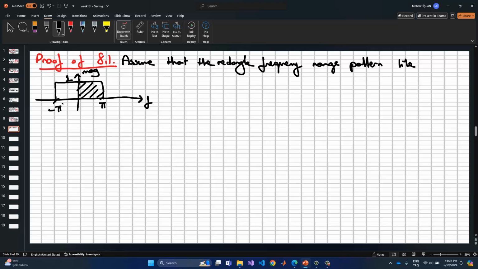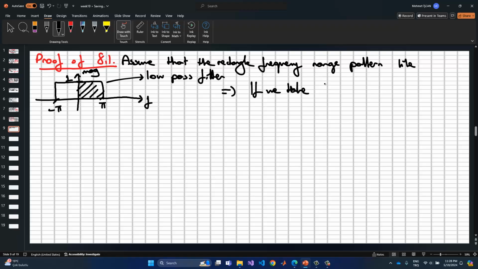This is the symmetry of this algorithm, and so we always need to use this pattern. This is the representation of the ideal low pass filter, right? Just remember that before pi we have the magnitude of 1, and after pi we have a magnitude of 0 in here.